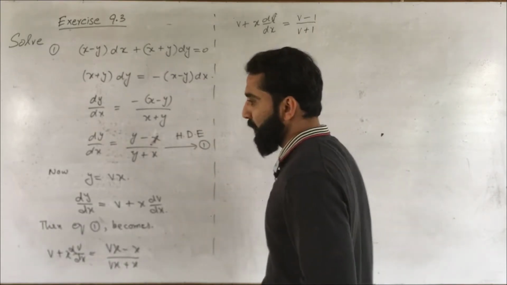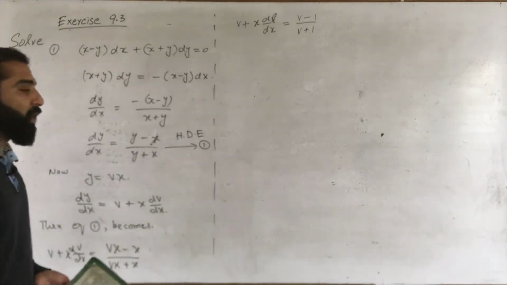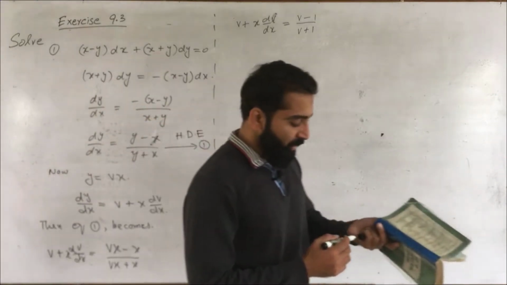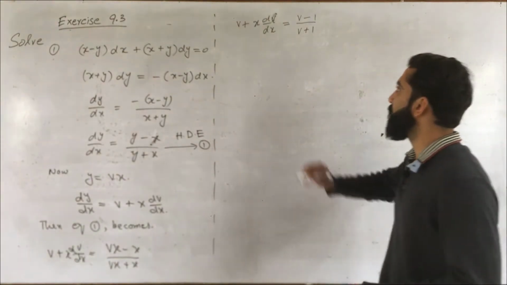Now this equation can be separated into the variables of v and x. Now we have only two variables in this equation, which is v and x. V is the dependent variable and x is independent variable.